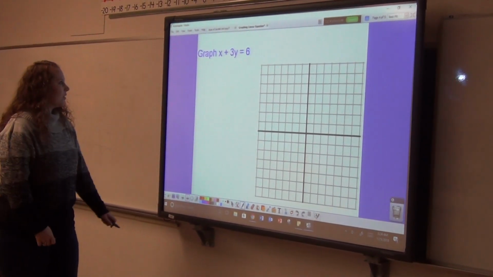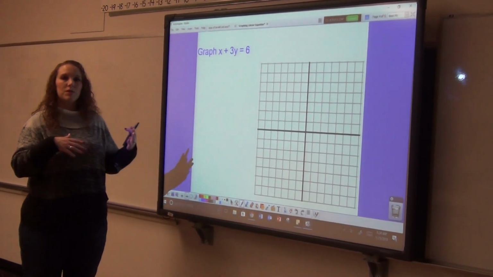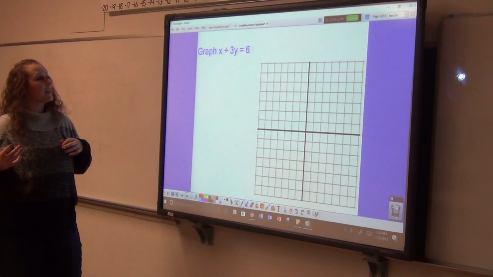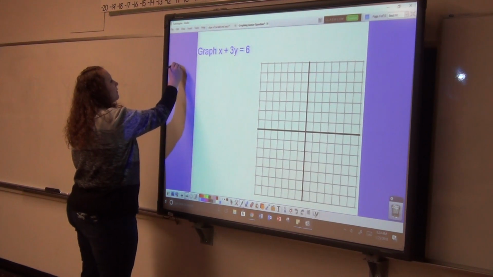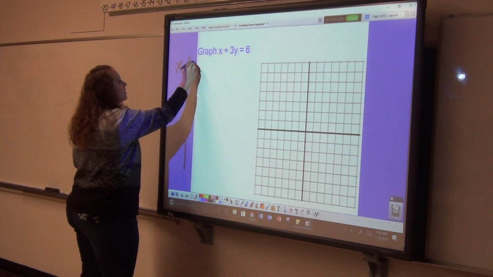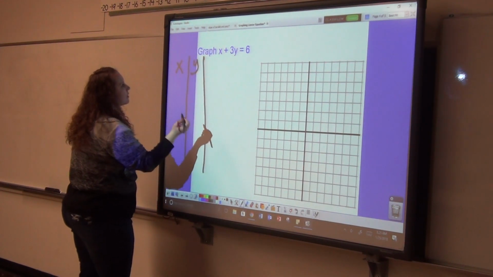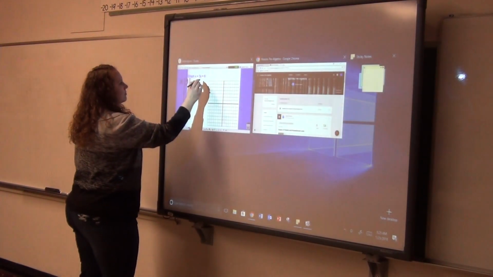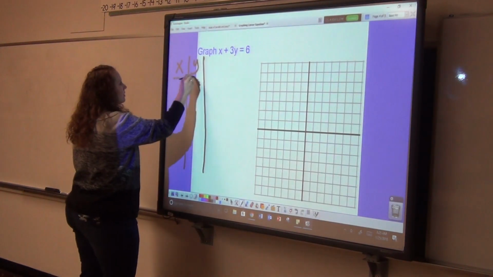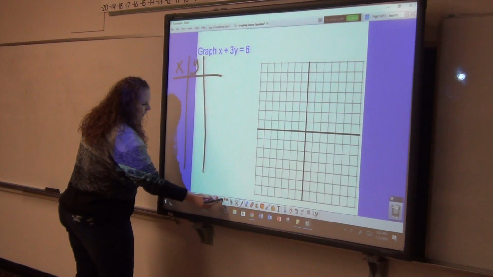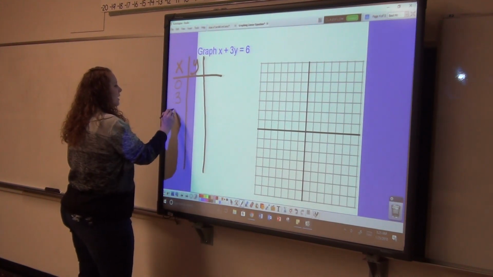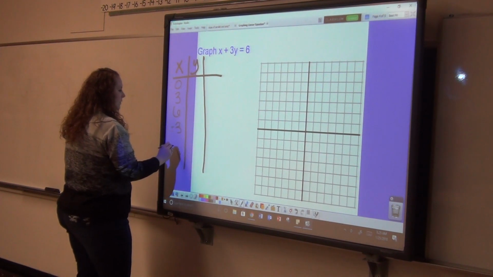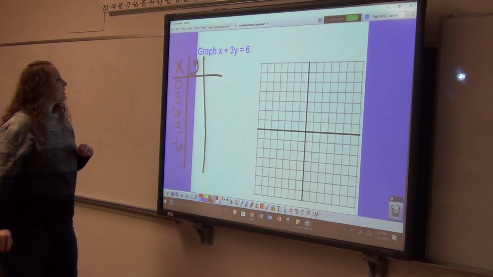The next way we can graph these is by choosing our x's, solving for our y's, and graphing those ordered pairs. So if I choose my x's, all right, I am going to choose 0, 3, 6, negative 3, and negative 6 for my x's.